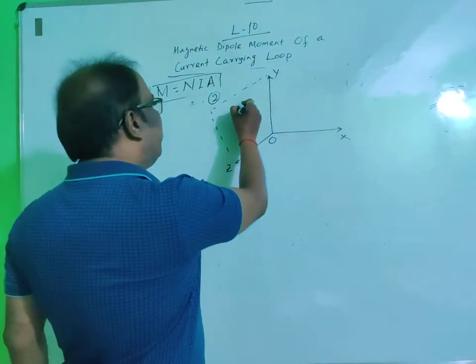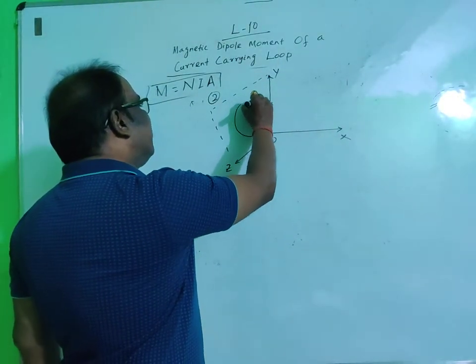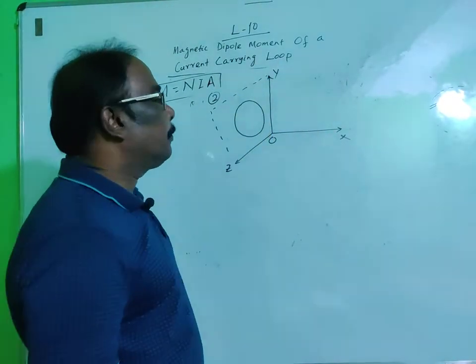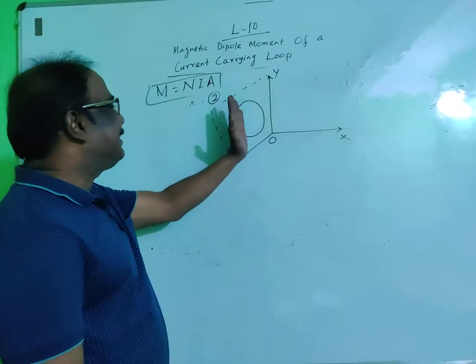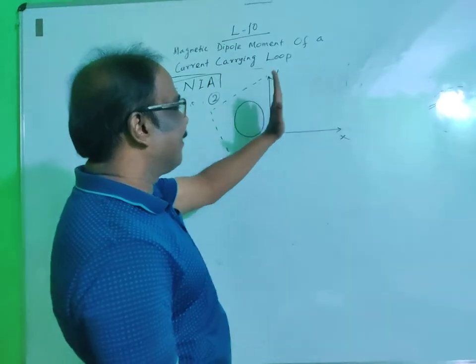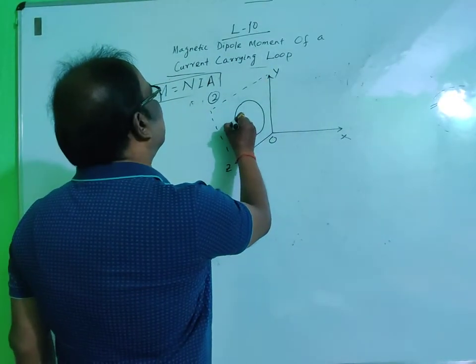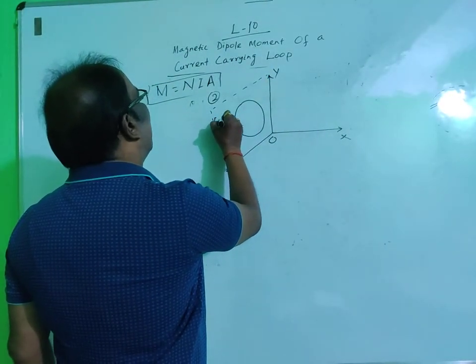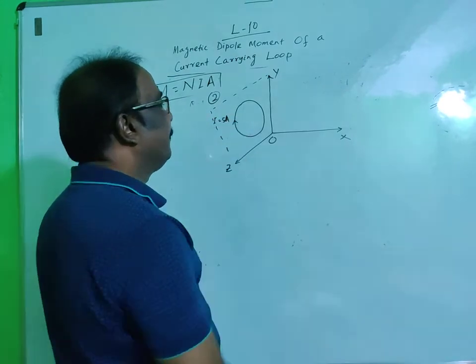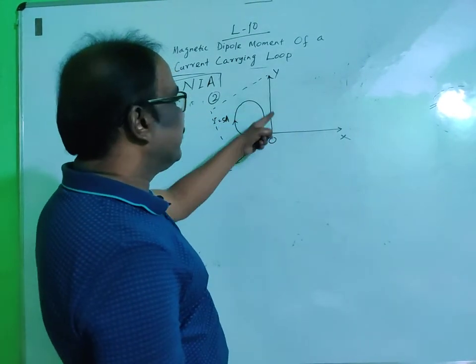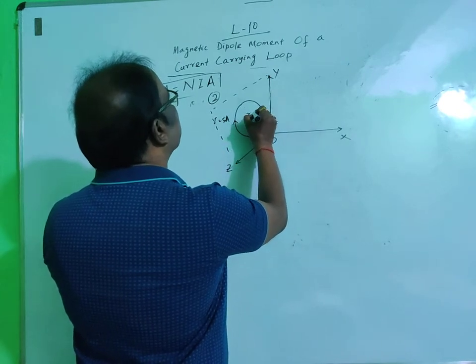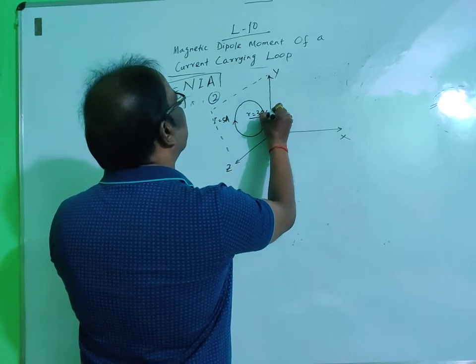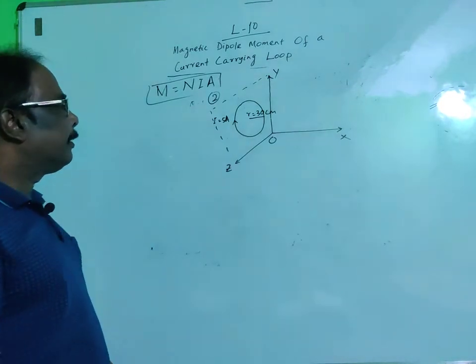Okay. Suppose on the yz plane there is a circular current carrying loop. Let the current flowing in this loop be I equal to 5 ampere, and the radius of the circle is 30 centimeter.